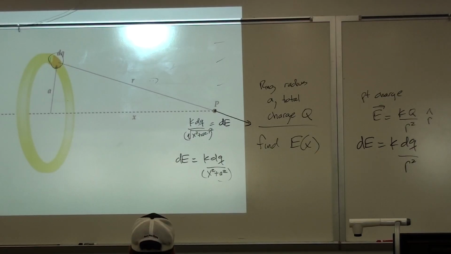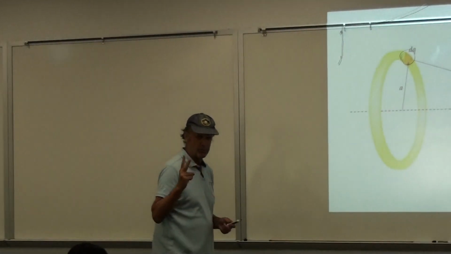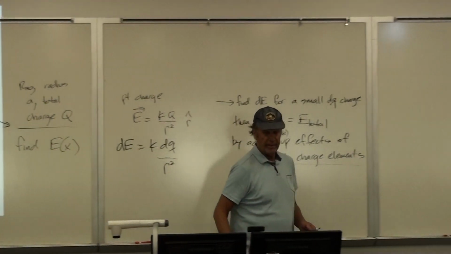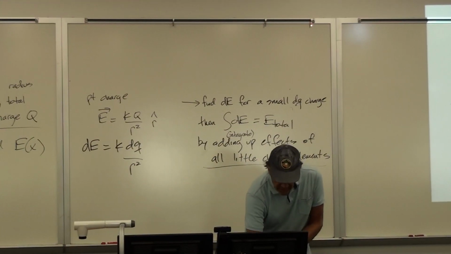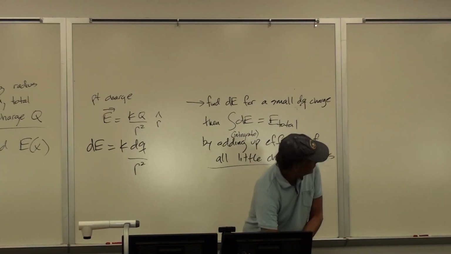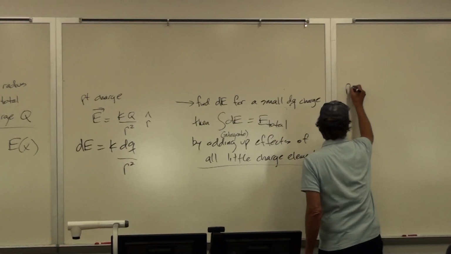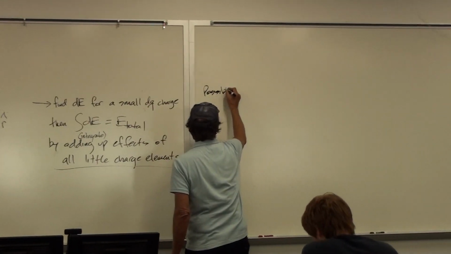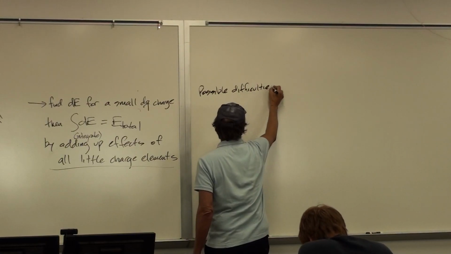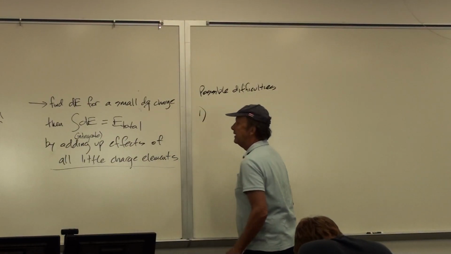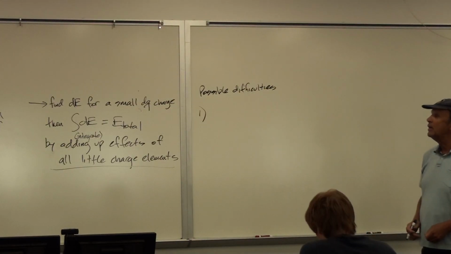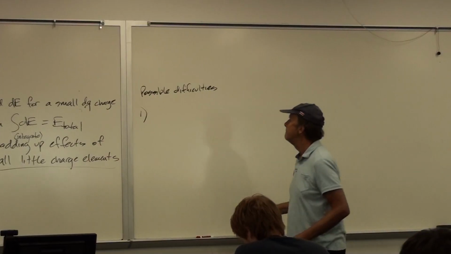But we've got a problem here, and potentially we have two problems. We can't just add these things up without taking these two possible difficulties into consideration. One possibility that could mess this up is that not all the r values are the same.